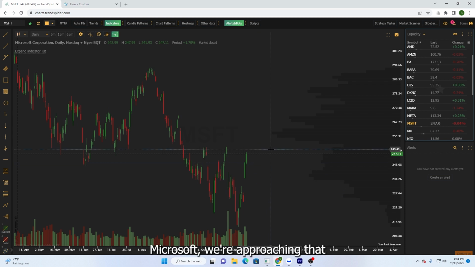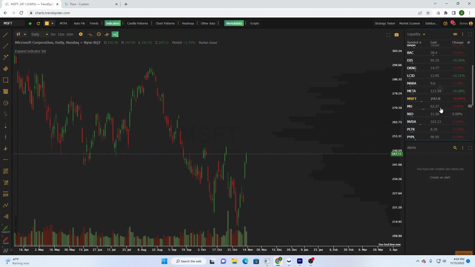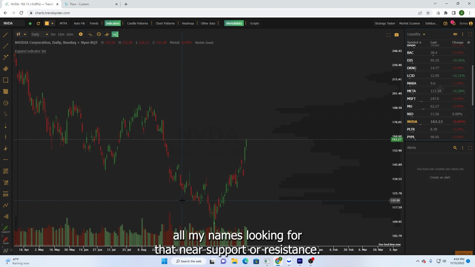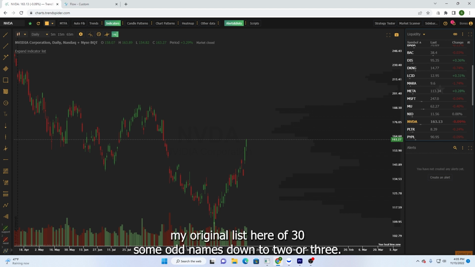Microsoft, we're approaching that resistance that was previous support. So that's one that I'll take note of for sure. MU, and I'll just go through all my names looking for that near support or resistance. And this helps me narrow my original list here of 30-some odd names down to 2 or 3.